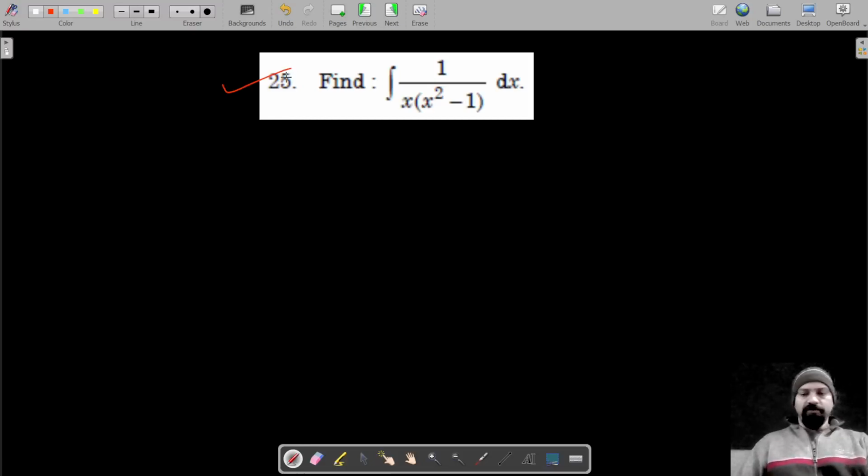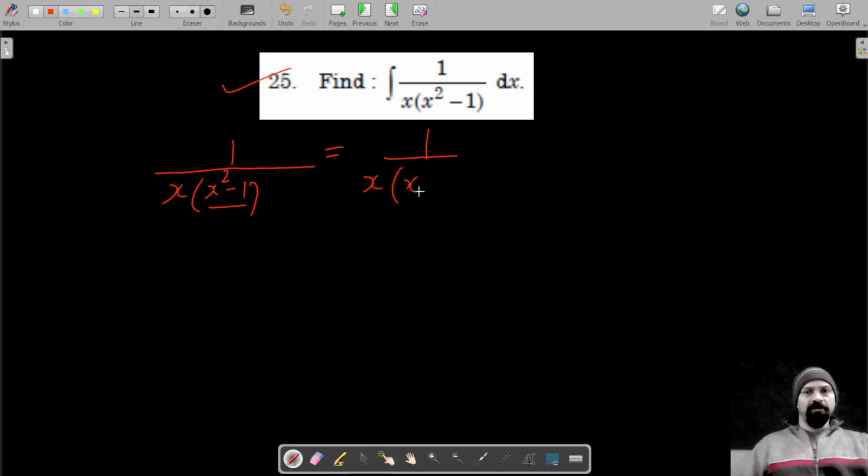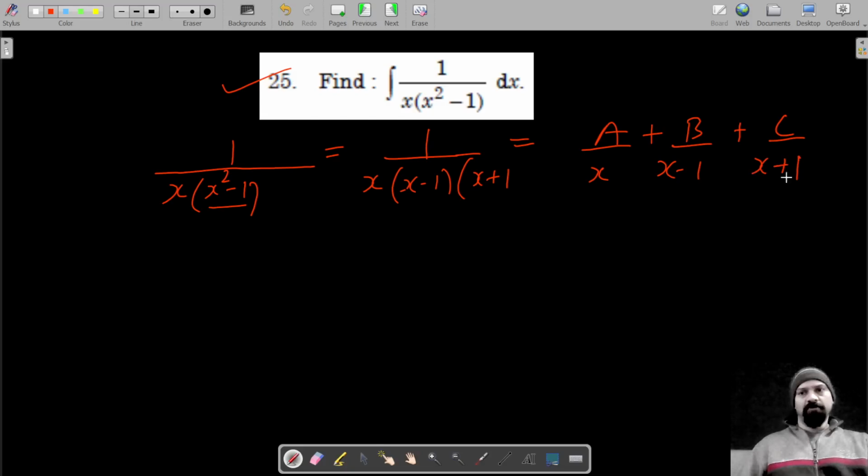Okay, for question number 25, we have to find the integration of 1 upon x into (x squared minus 1). So let's use the partial fraction method here. I can write 1 upon x into (x squared minus 1), where x squared minus 1 is a squared minus b squared, so (a minus b)(a plus b), as a upon x plus b upon x minus 1 plus c upon x plus 1.